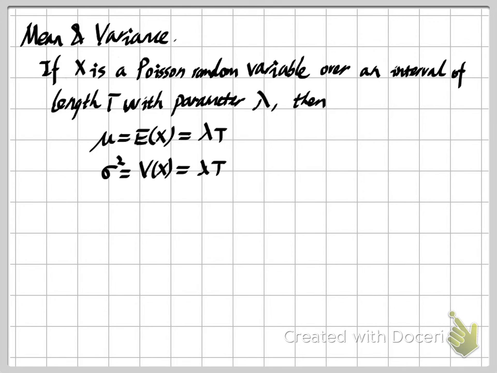In general, the mean and variance of those distributions are not the same. However, for a Poisson random variable, no matter which example you choose, the mean and variance are always the same, because by the equation, both of these formulas are lambda times capital T.